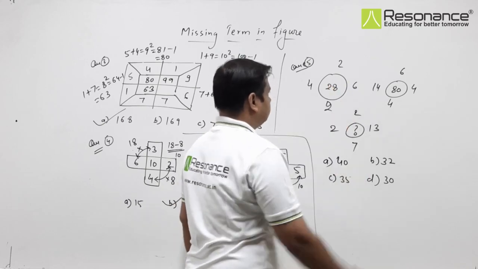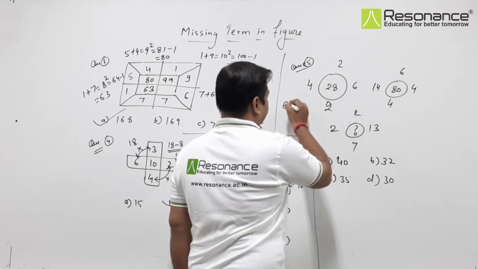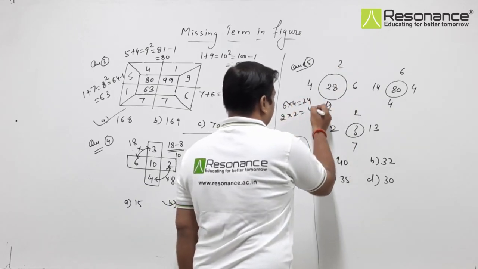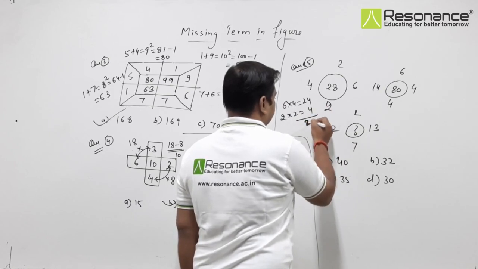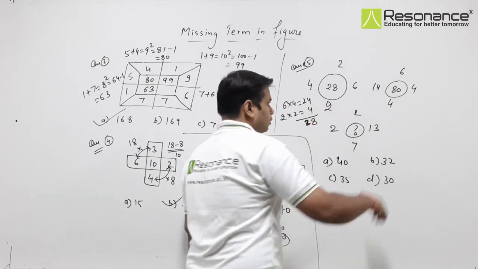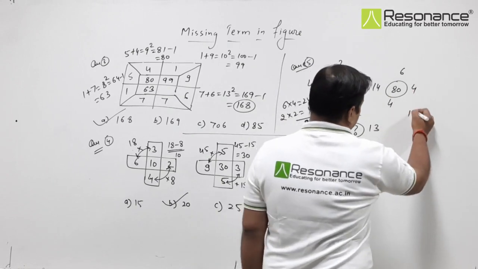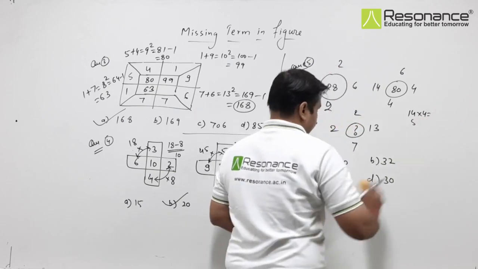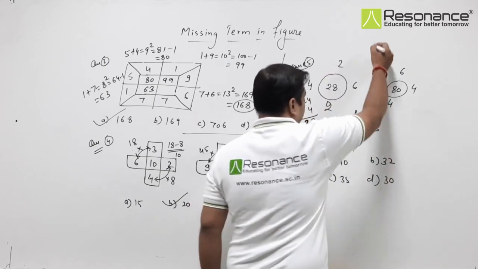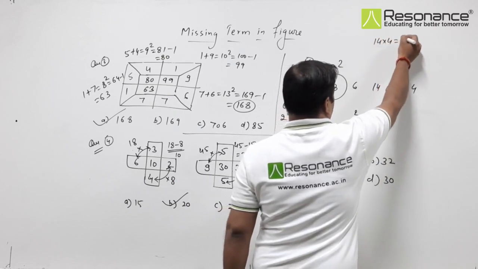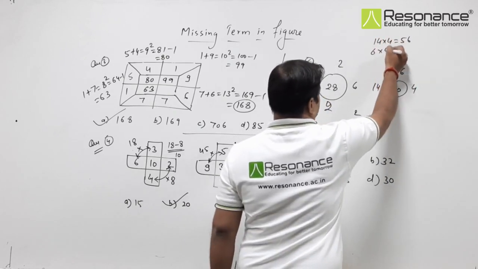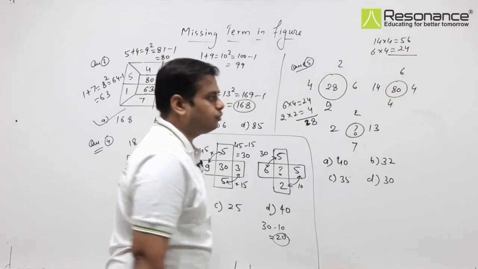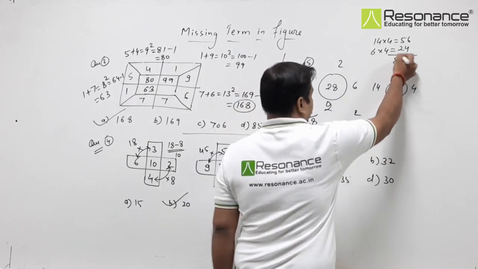So let's do 6 4s are 24, 2 2s are 4, 24 plus 4 is 28. 14 4s are 56, 6 4s are 24, 56 plus 24 is 80.